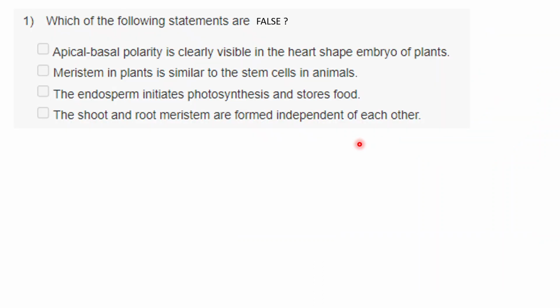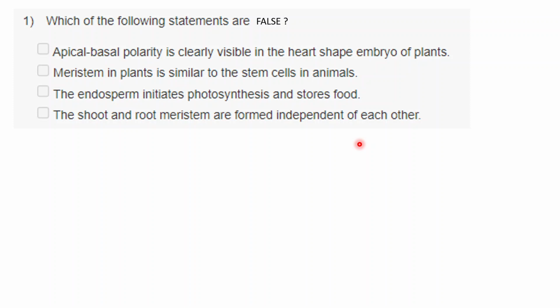So the first question of the session: which of the following statements are false? Option A: apical basal polarity is clearly visible in the heart-shaped embryo of plants.